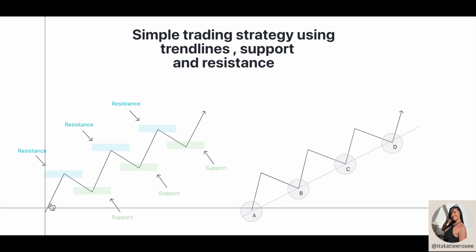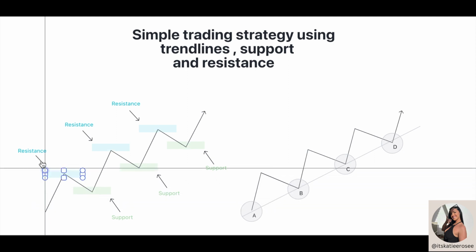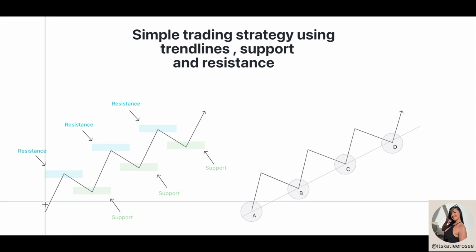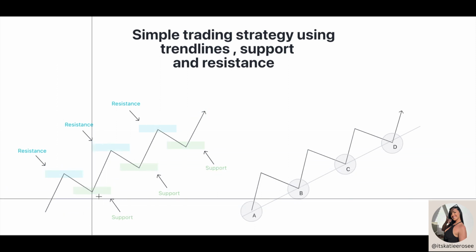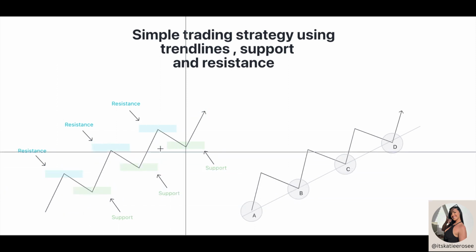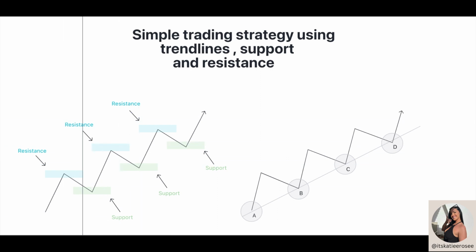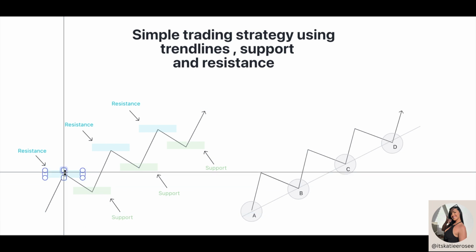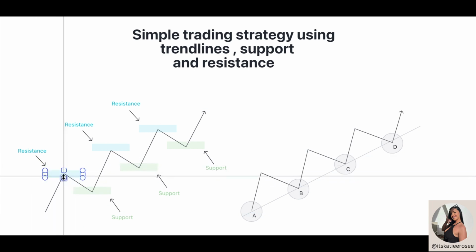So a support zone is always something when, say, for example, this is an uptrend. So we have support zones as the floor and resistance as a ceiling. When price bounces off of resistance, that is when sellers will come into the market.